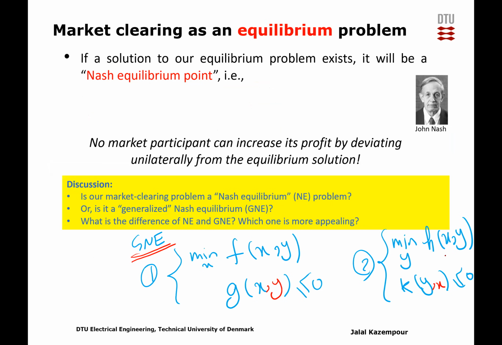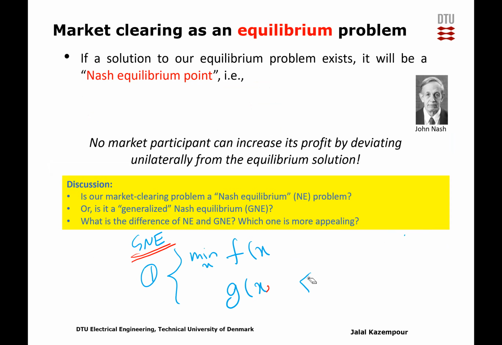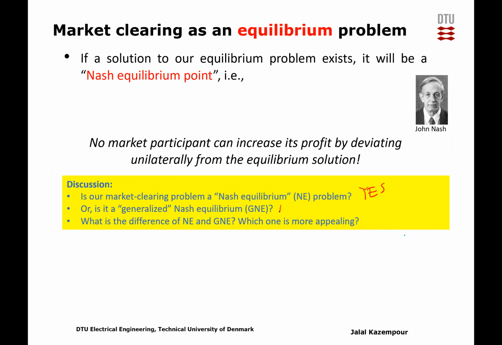So back to our question. Is it a Nash equilibrium problem? Yes. Is it a generalized Nash? No. What is the difference we talked about? Which one is more appealing? The Nash equilibrium is always more appealing because under some conditions, we can argue about existence of the solution and the uniqueness of the solution.